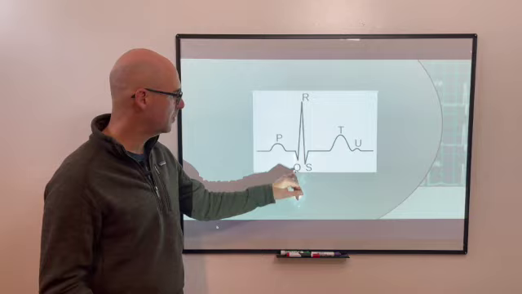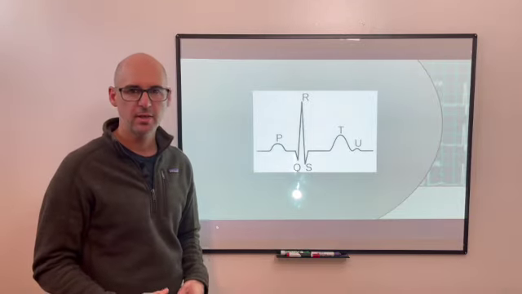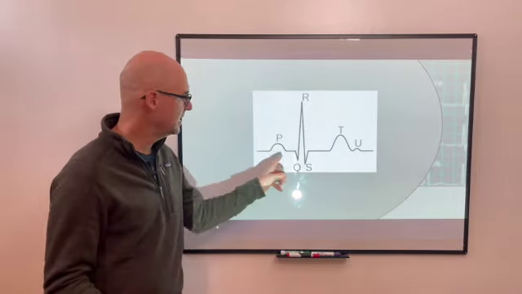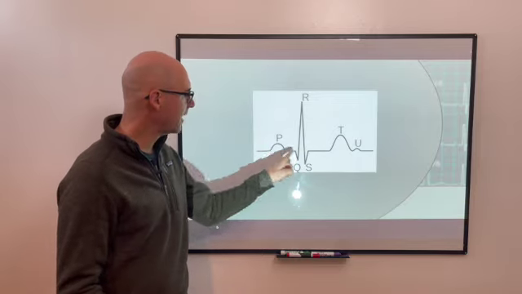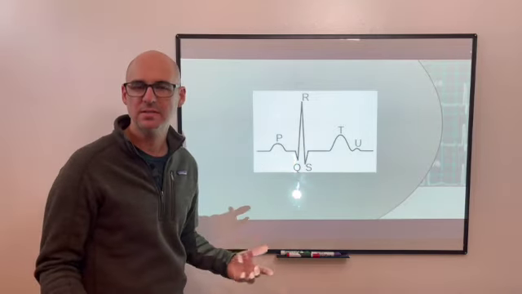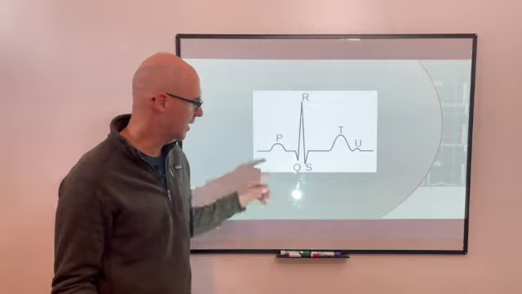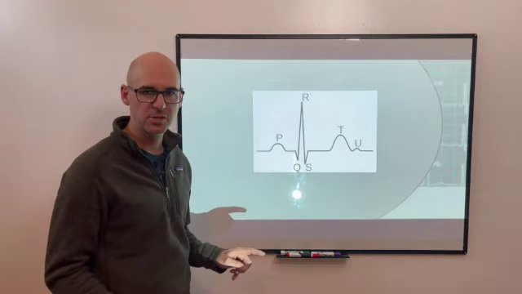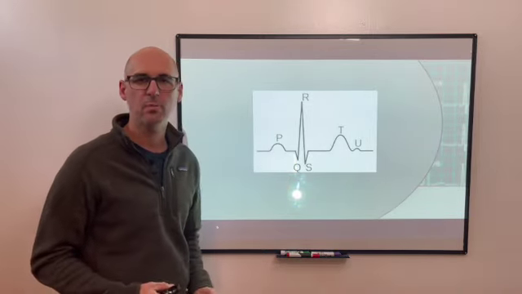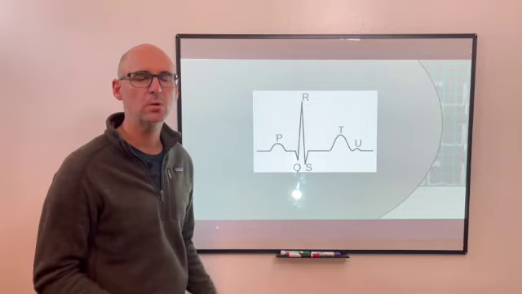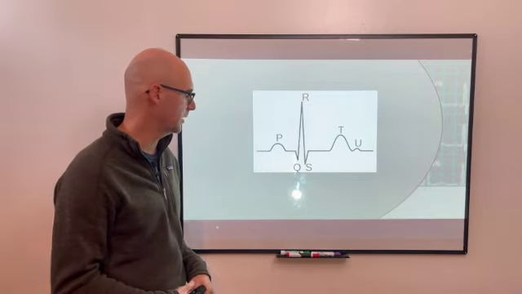So in review, remember that the Q wave is the first negative deflection after the P wave, or in some cases where the P wave should be. We'll talk about the different Q waves a little bit later.